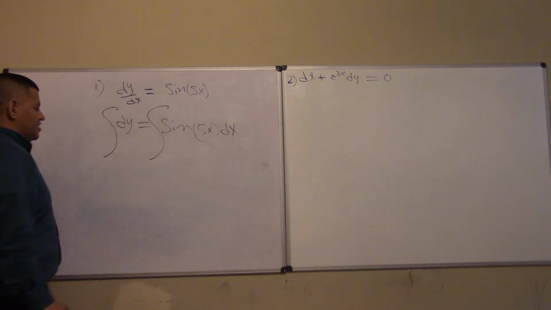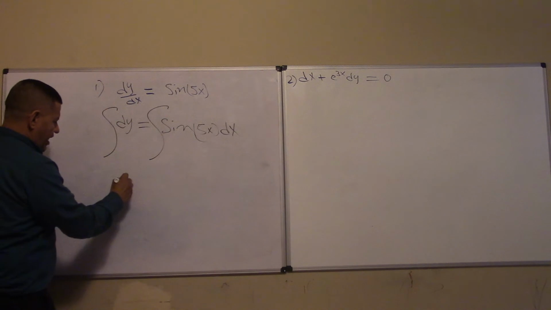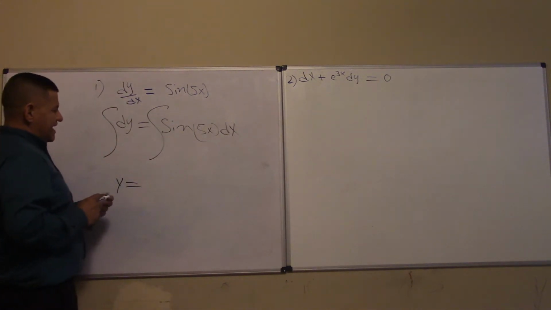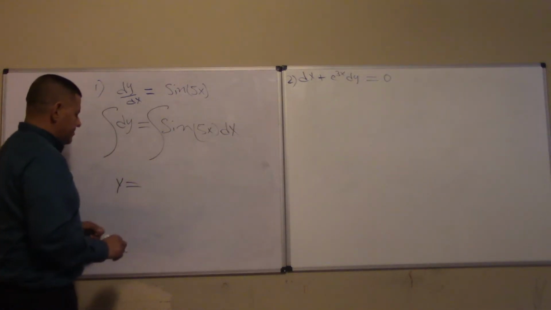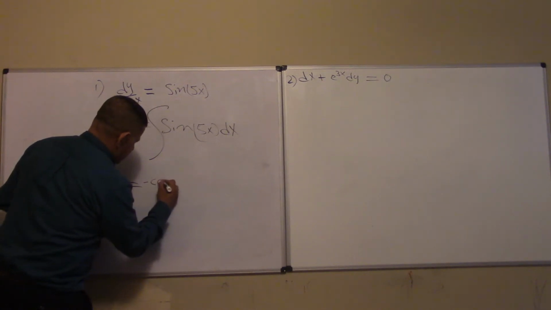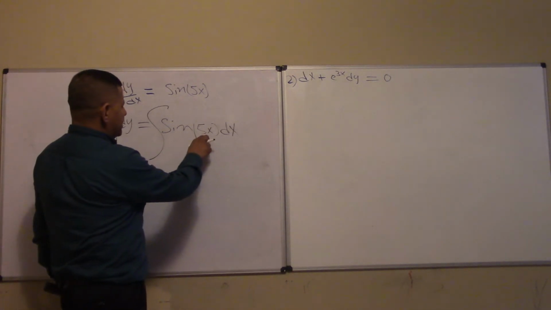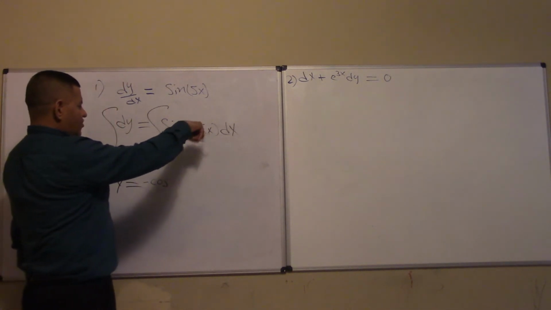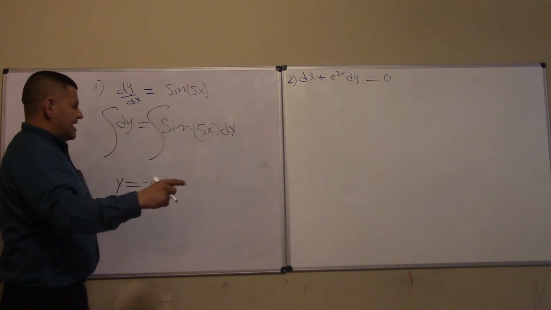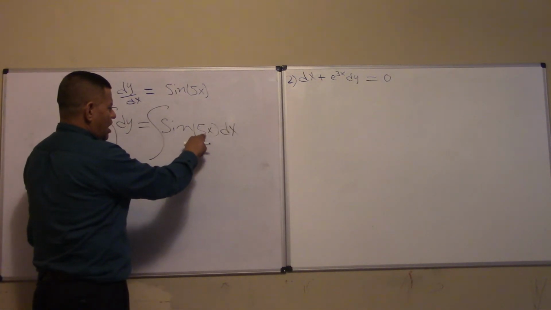So the next step is integrating on both sides, right? When I integrate dy, that becomes y. When I integrate sine, it's negative cosine. Now, when I integrate the argument of a trigonometric function, basically I am dividing by the coefficient of the argument.